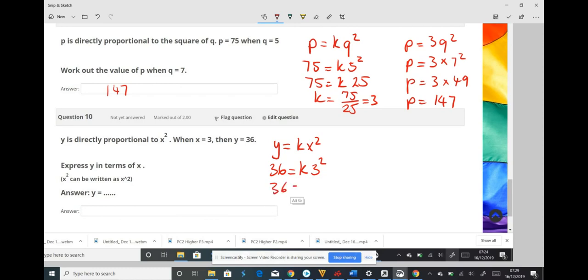So 36 is equal to k times 9, or 9k. So k must be 36 over 9, which gives us 4. Now we've got to express y in terms of x, which means just plugging in the value of 4 for k. So y is equal to 4x squared.